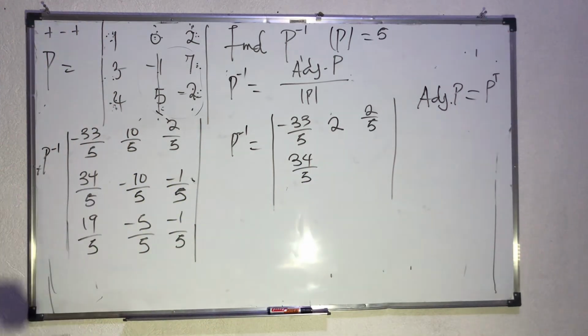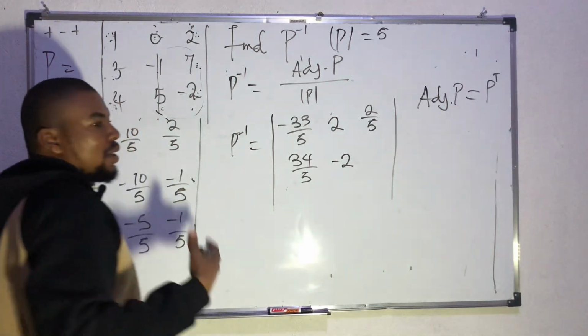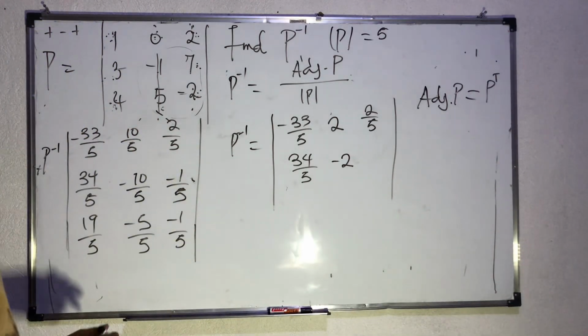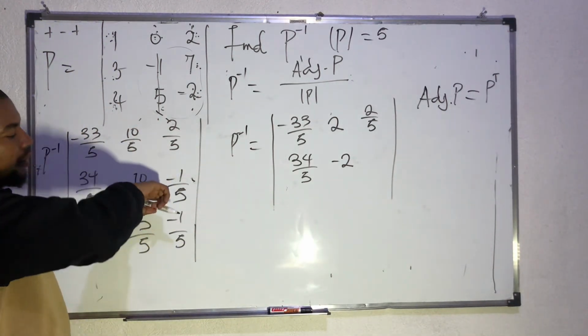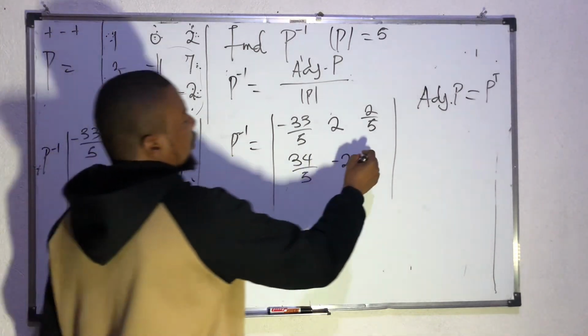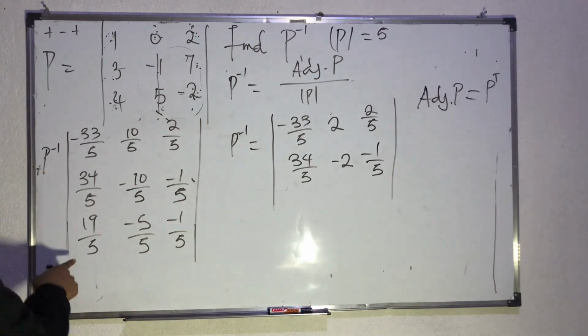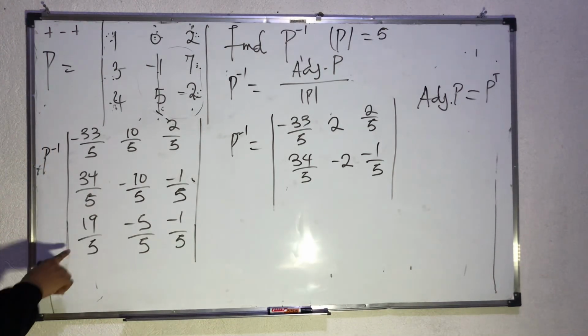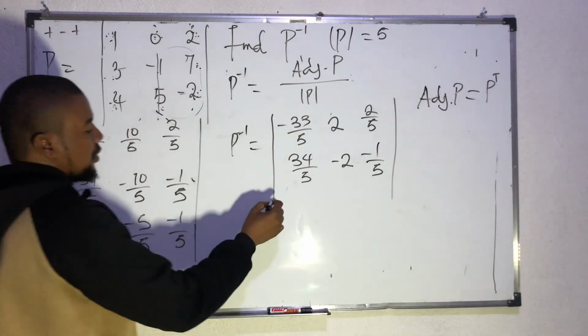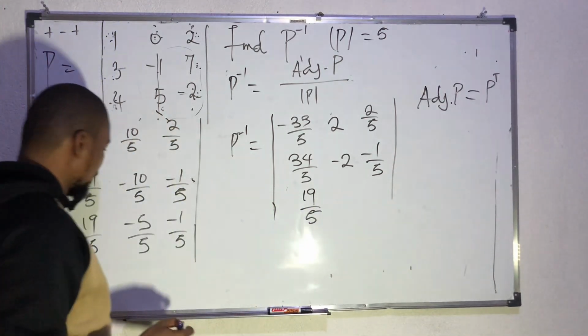The next one is negative 10 over 5. That gives us a negative 2. Negative 10 divided by 5 gives us a negative 2. This one remains as it is because they cannot divide themselves. Negative 1 over 5. And the last row, we have 19 over 5. They cannot divide themselves. We have 19 over 5.